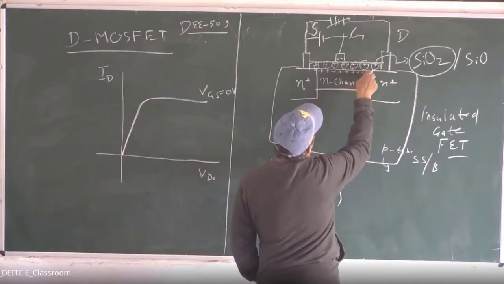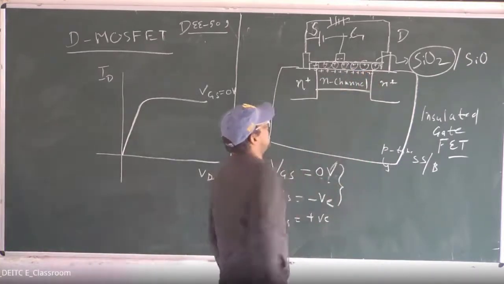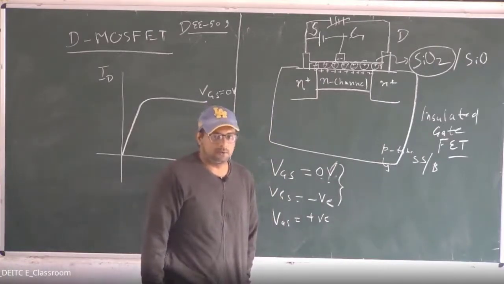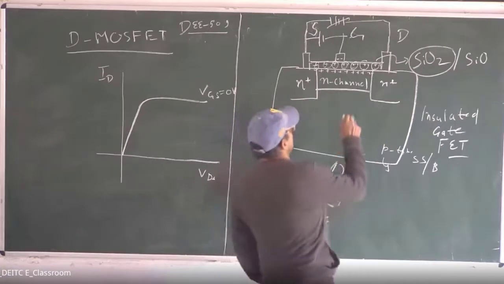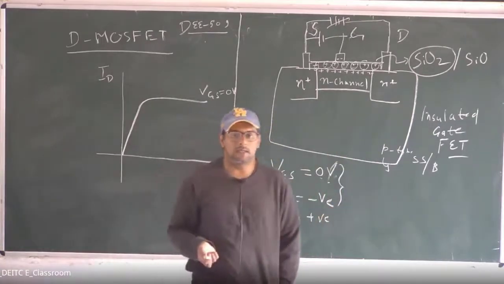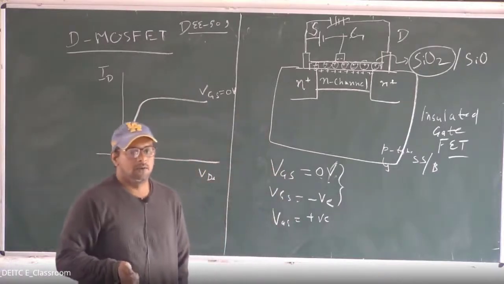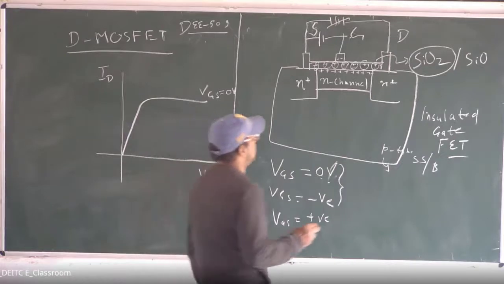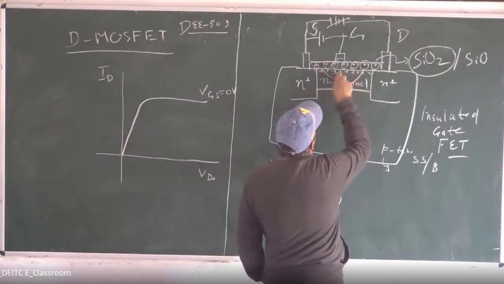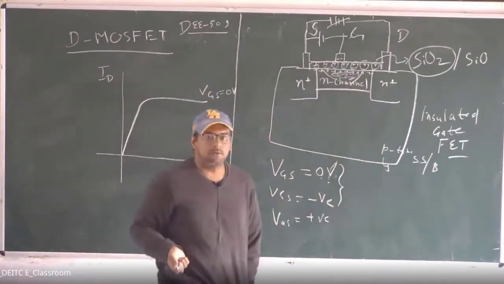So basically, when we are applying the negative voltage on the gate, we are inducing positive charges in the N channel. And we know that in the N channel there are majority electrons, and the electrons will recombine. There will be a depletion region started because electrons will recombine with the positive charges.